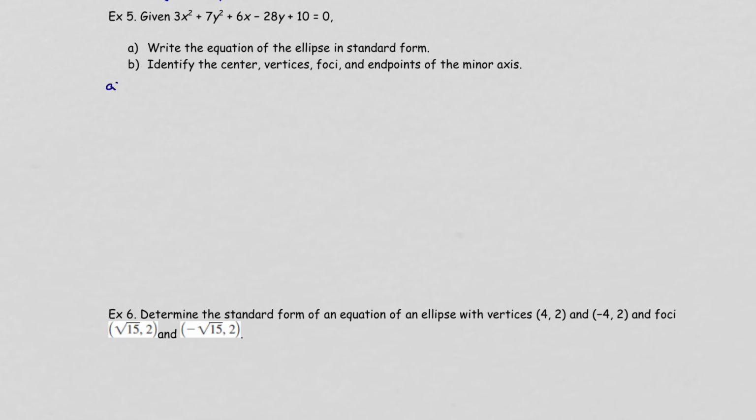We have 3x squared plus 7y squared. So instead of just copying the value, I'm going to put all the x together, y together. So I will have 3x squared plus 6x, and then plus 7y squared minus 28y, and let's put the number without the variable on the other side.